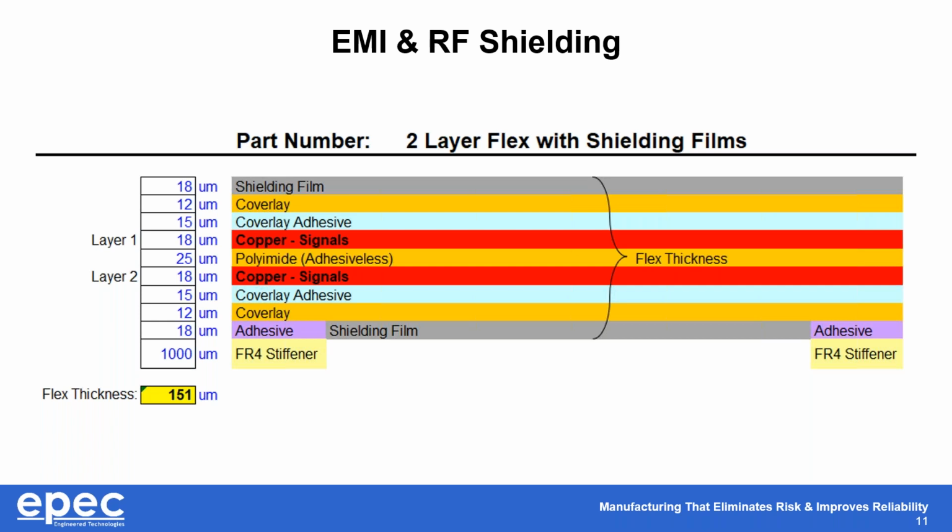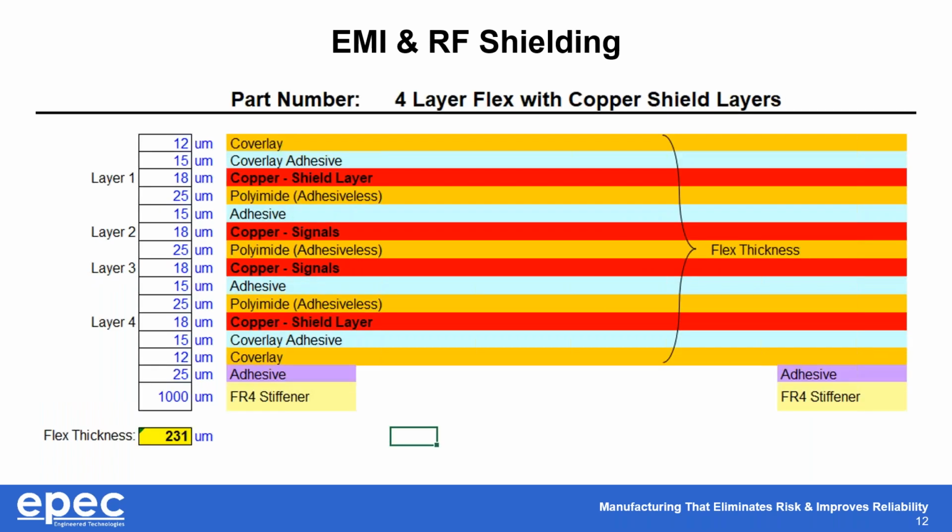Now in our next example, this is the same design, but utilizing copper shield layers. The copper shield layers automatically drive the total layer count to 4. The shielding films are not defined as being an active circuit layer in the design, but when utilizing copper shield layers, they do become active layers in the construction.